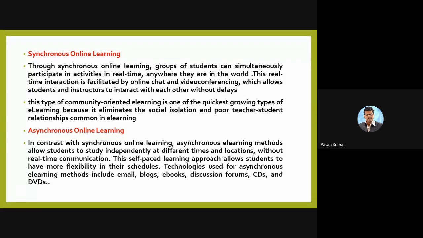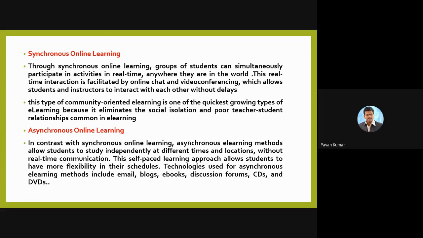The synchronization is provided by online or video conferencing mediums. So here we can reach multiple students without delays. This type of community oriented e-learning is one of the quickest growing types of e-learning.